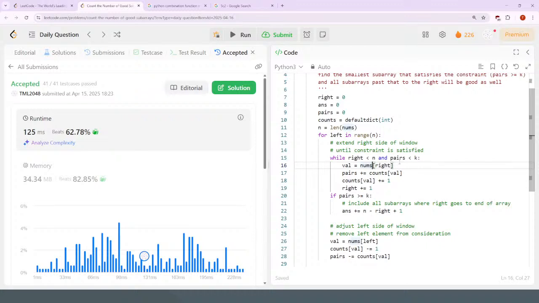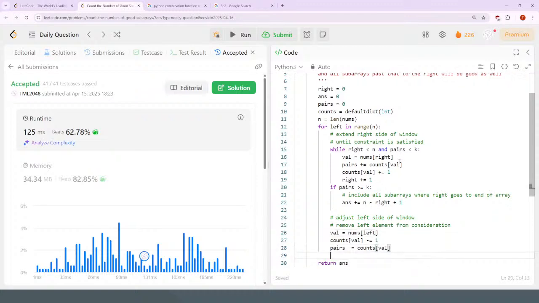Value is the nums at right, the pairs increments by that value, and then the counts of that value increase, and then you change the right index. And then if the pairs is greater than k, you take the left side, you decrement the left side value, you do pairs minus equals the left side value.